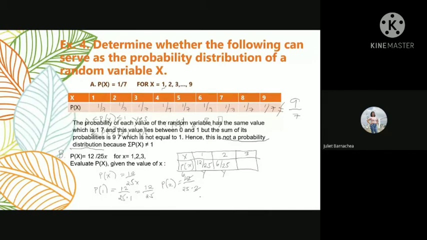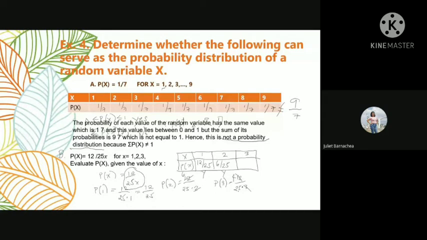3. P of 3 is equal to 12 over 25 times 3. Why am I multiplying this by 3? Because the given is 12 over 25x. So I am just substituting 3 to the x. So 12, to simplify it, 12 divided by 3 ay 4.